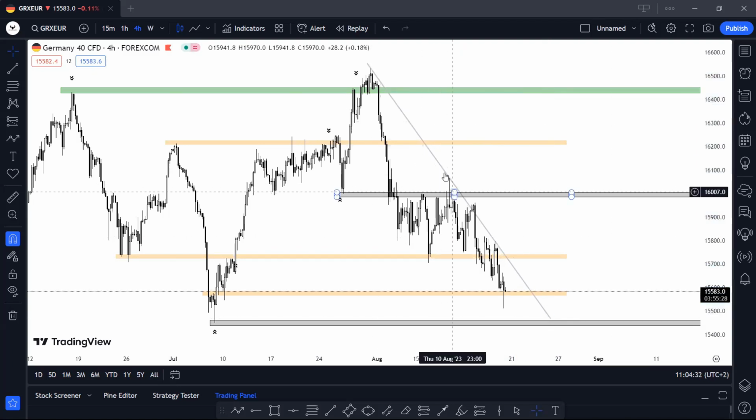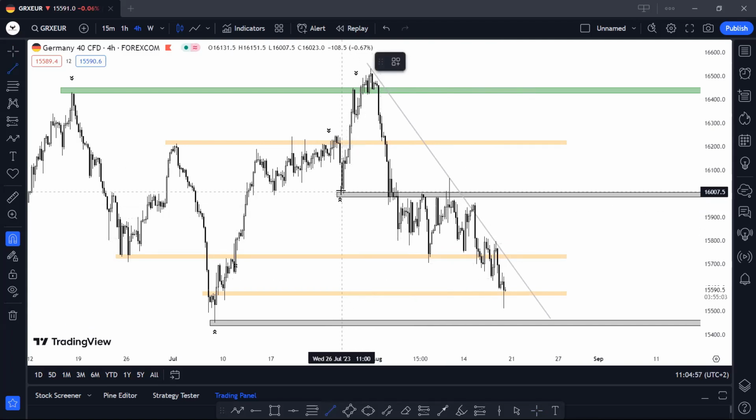Right there. So first touch, second touch. Then as you can see, the trend line here also is speaking to us. And the market is also respecting the trend line. As you can see here, it rejected here, also here it rejected. All those things mean if you were trading this yesterday, you probably would have caught the beautiful sells here.